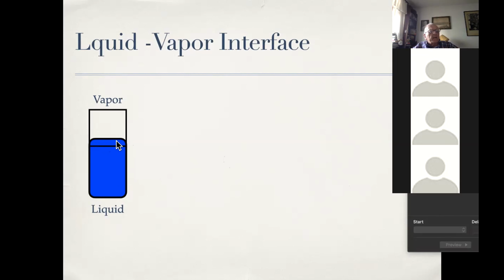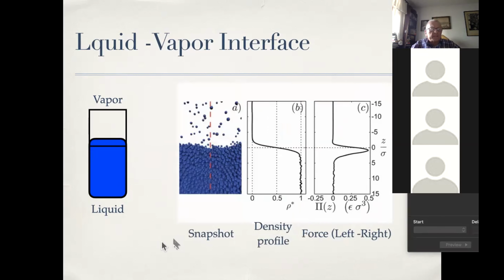When we take a microscope and look very closely at what is happening here, we will see that we have a lot of particles in the denser phase of the system, that is the liquid. And when we look up, we have a less dense region filled by the same molecules, but there are fewer of them per unit volume than in the liquid.